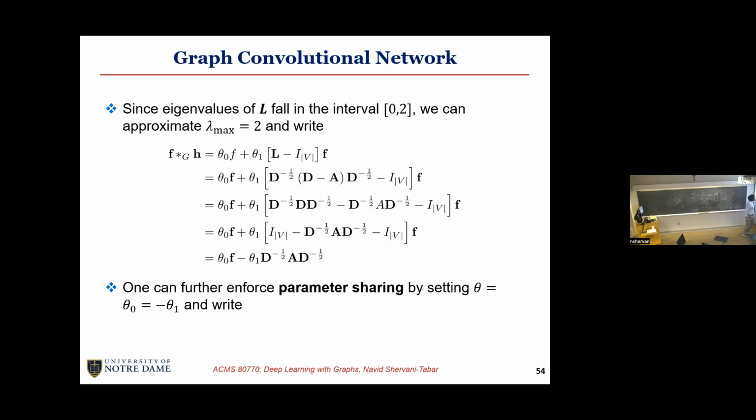So I'm going to be left with I minus this term times f. Actually, it's not minus, because I said that I'm factoring minus theta 1 out. So it's going to be I plus D to the minus 1/2 A D to the minus 1/2, right? So does it remind anyone of anything?